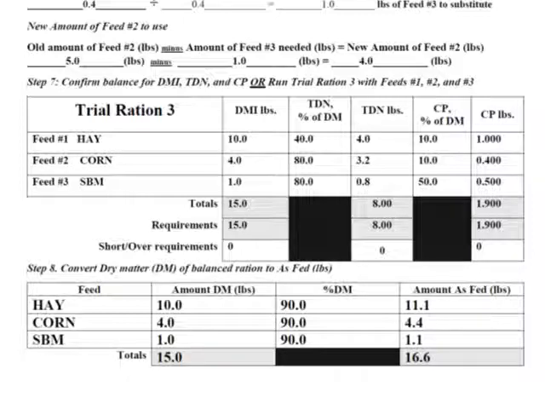So corn, 4 pounds of that multiplied by 0.8 is going to give you 3.2 pounds of TDN. And we multiply by 0.1 or 10%. That's going to give us 0.4 pounds of crude protein from the corn.